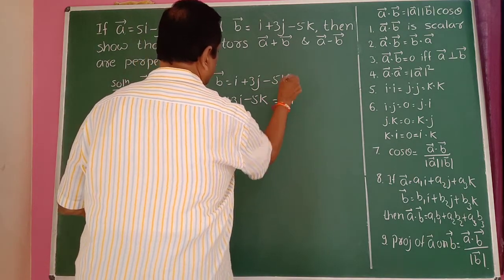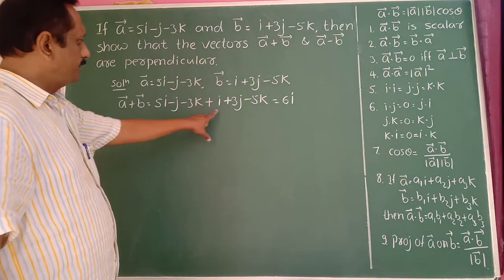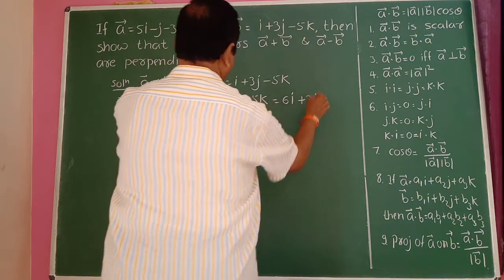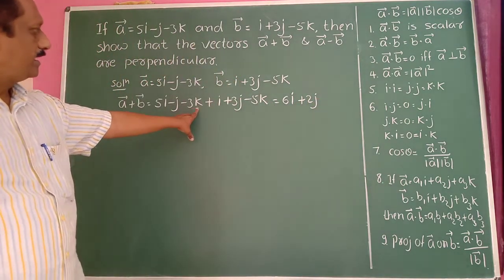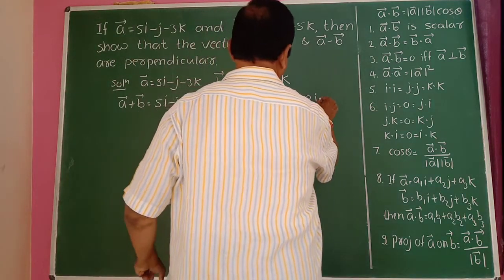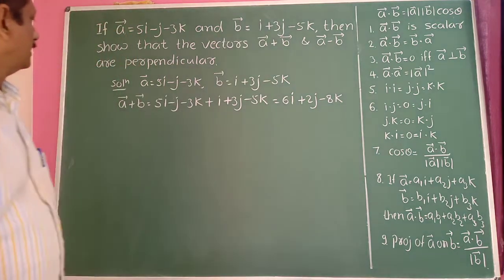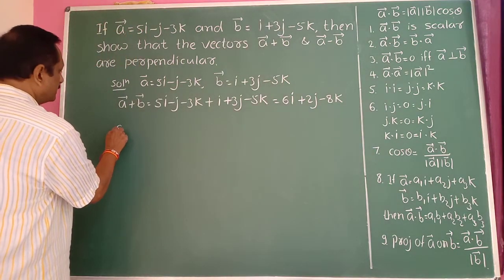Minus j plus 3j gives 2j. And minus 3k minus 5k becomes minus 8k.